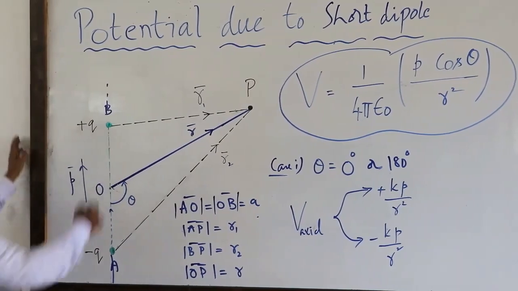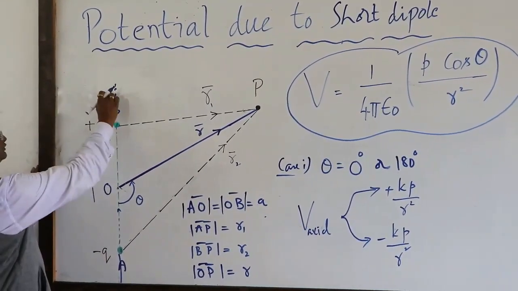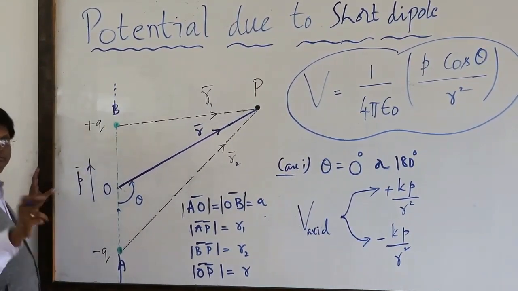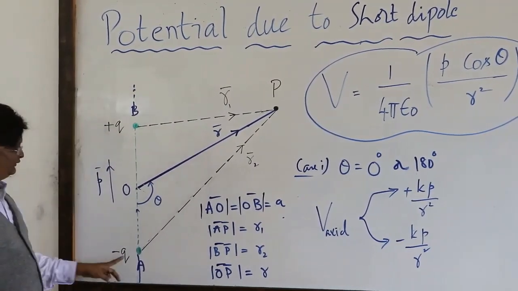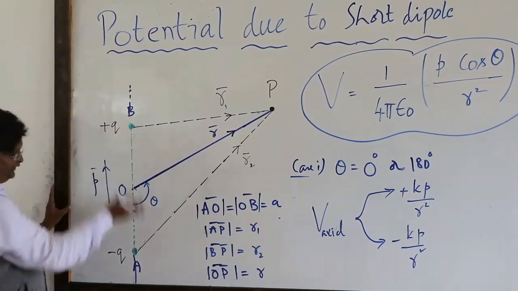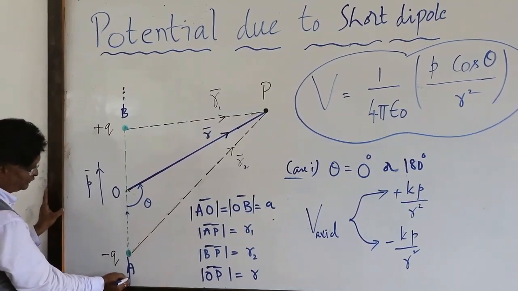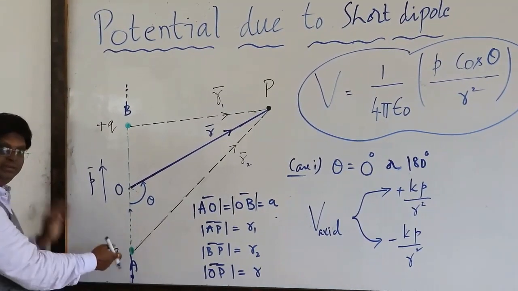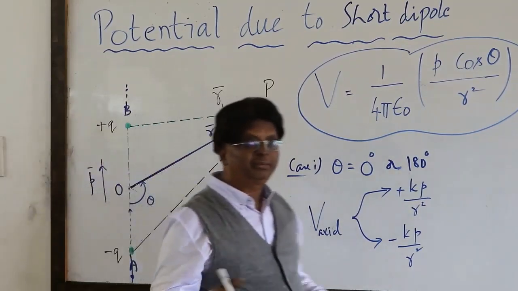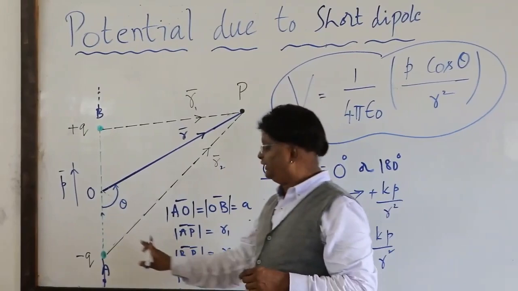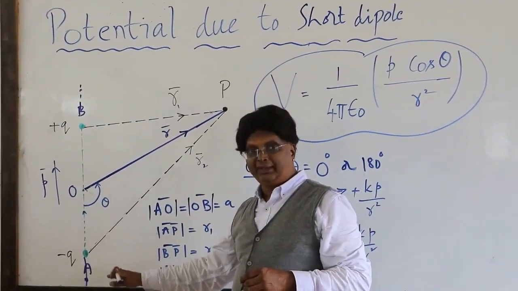Therefore here, positive potential is more than the negative potential. Suppose the other time you take this point, it is nearer to negative charge, farther to positive charge. In such case, again, the net potential will be negative.